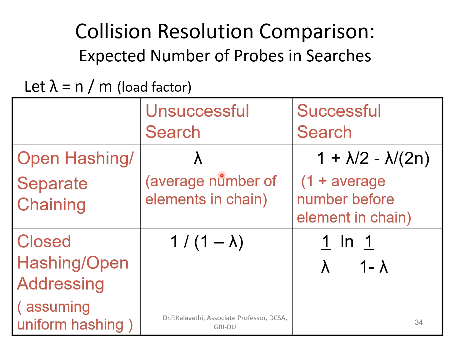This table summarizes the expected number of probes for searching with the load factor lambda equal to n by m, for unsuccessful search and successful search.